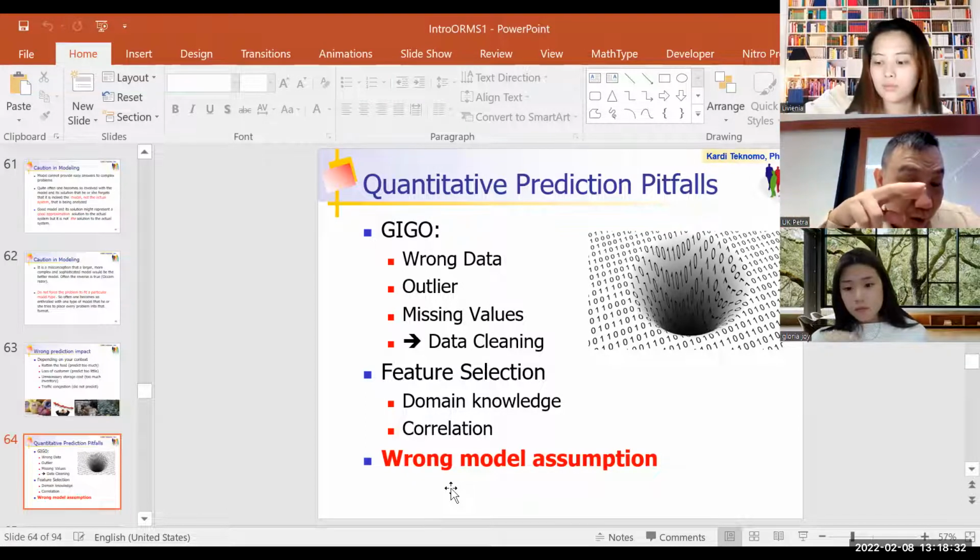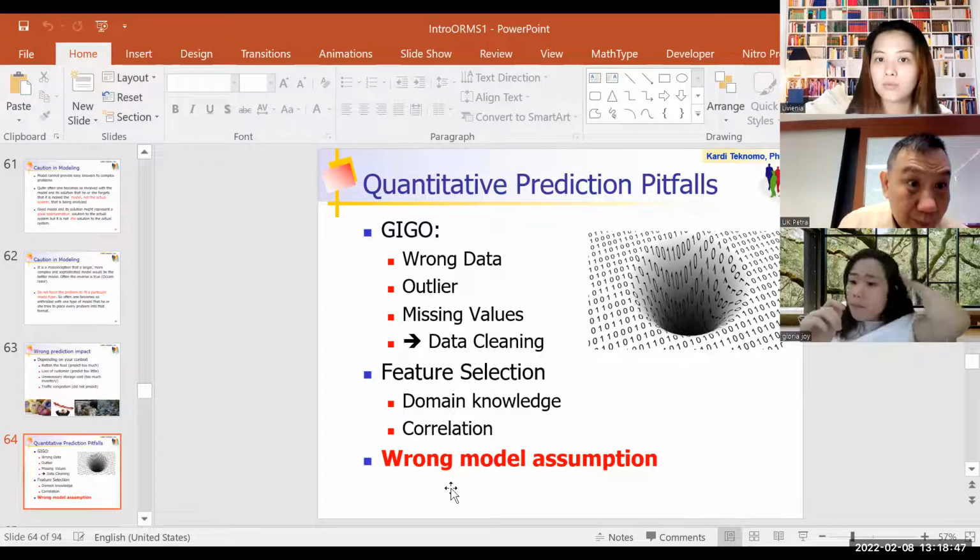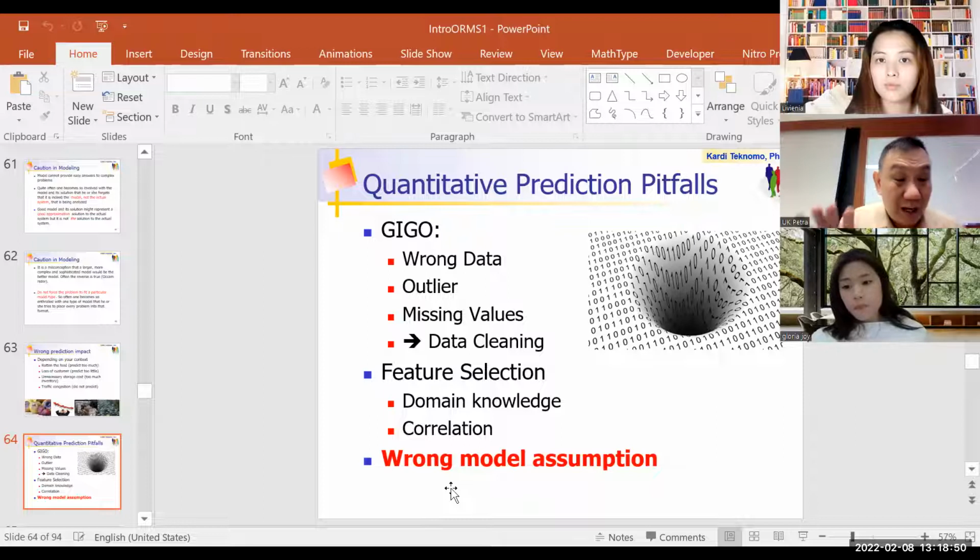So you don't want to put price and revenue and cost together in one model. Either you use price and revenue, or price and cost, or revenue and cost, but not the three of them, because they are correlated.